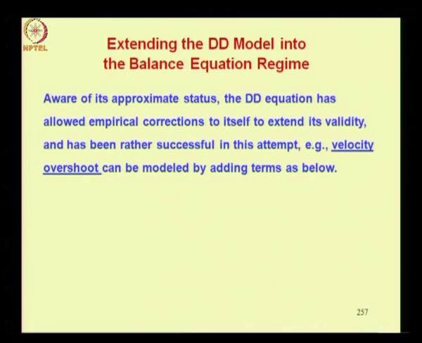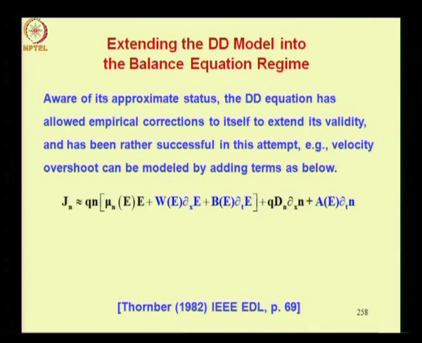So for example, velocity overshoot can be modeled by adding terms such as, here is an example. So this is a drift diffusion equation. The terms in black color are the terms of the drift diffusion equation, and the terms in blue, you can see that 3 terms have been added. These are the ones which have been added to model velocity overshoot.